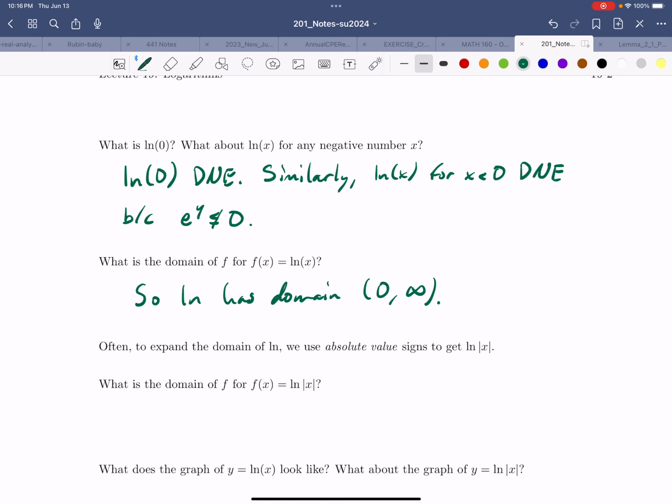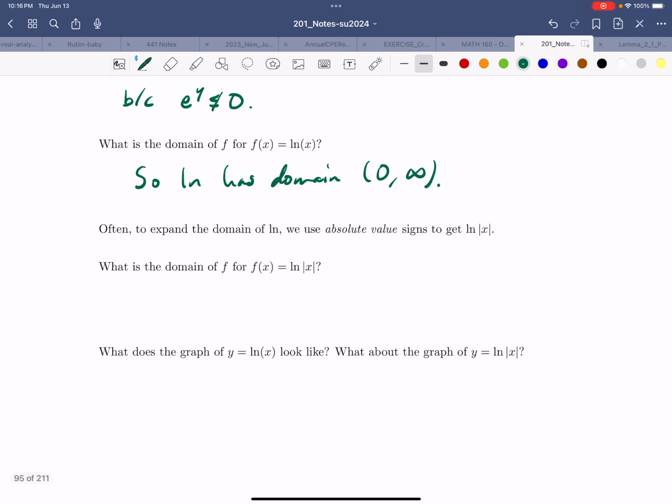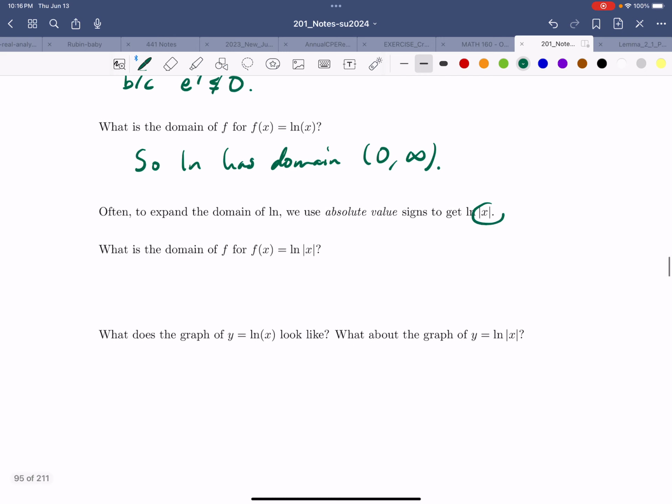meaning we do not include the endpoint 0. But sometimes when we consider ln in its own right, not just as an inverse function of e to the x, we do want to expand the domain as much as possible, and so we throw in these absolute value signs, so that negatives become positive.